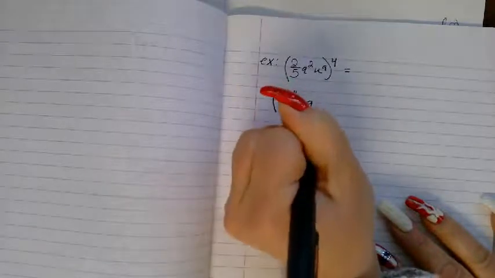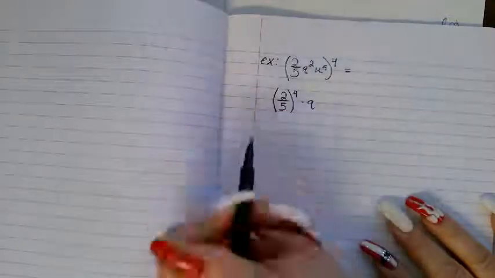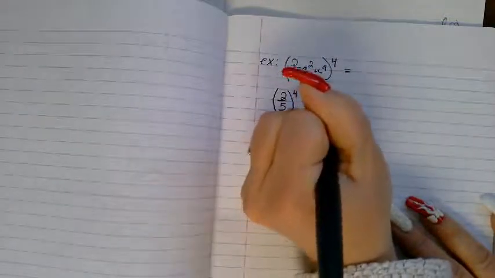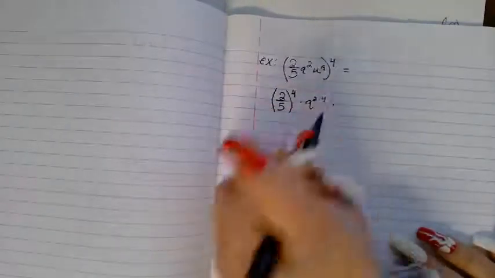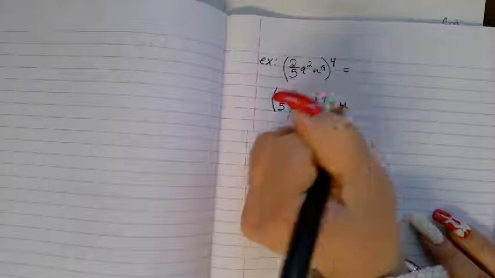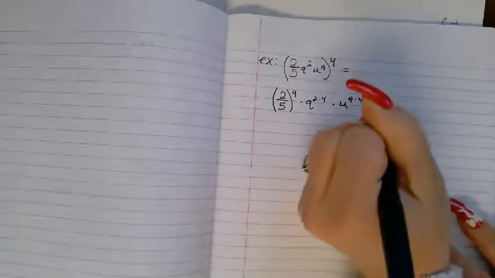And remember, when we have this, we are going to multiply the 2 and the 4. So our first step, I mean, you can write the answer if you want, but I'm going to write it out as 2 times 4 so you see it. And the same with the u.